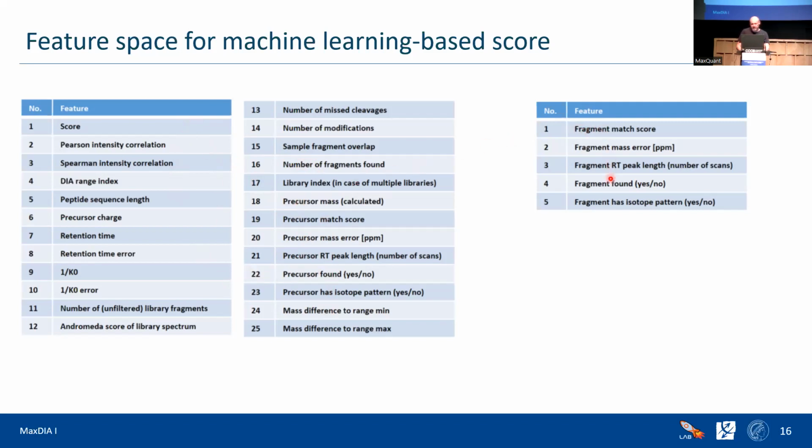And then you have these fragment features here that are repeated for each fragment that you assign to the library spectrum. And then we again treat this as a classification problem with the label, this is a target, this is a decoy hit, right? And it's absolutely necessary to do this in cross-validation, so not just one model, because otherwise it just won't work, basically. I think you will hear more about this in later machine learning talks.